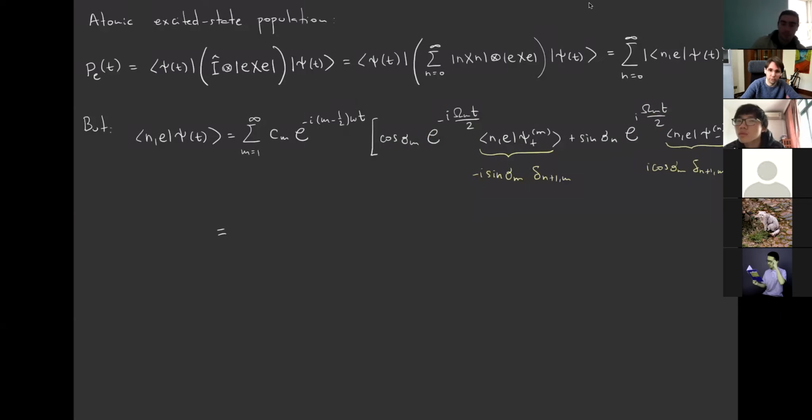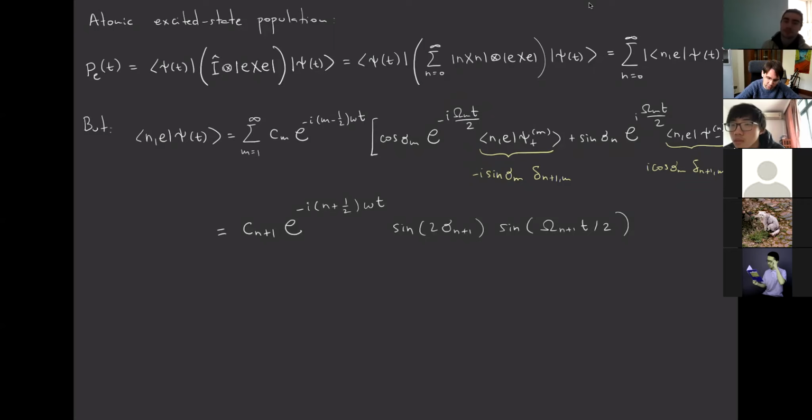So at the end, if you simplify this expression, you will find very easily that this is just equal to C_{n+1}, then this phase factor, and then we get the sine of 2θ_{n+1} and the sine that oscillates in time. Very simple, but again, please do it yourself as well.